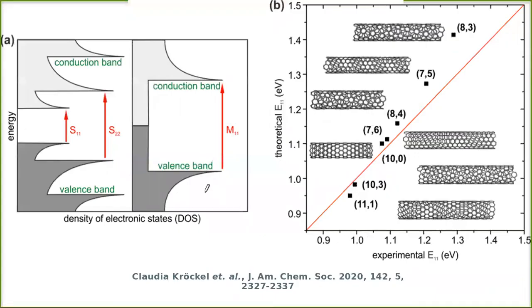Then we are getting close to the last part of the talk, because now we are understanding everything that is happening, and we are able to create a description of the mechanism of doping in single wall carbon nanotubes.